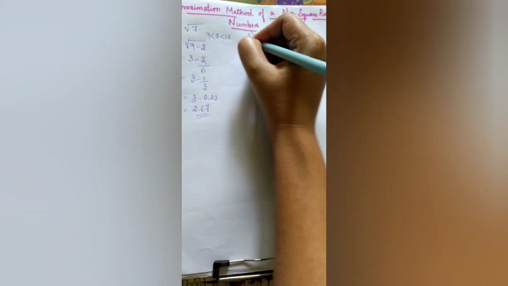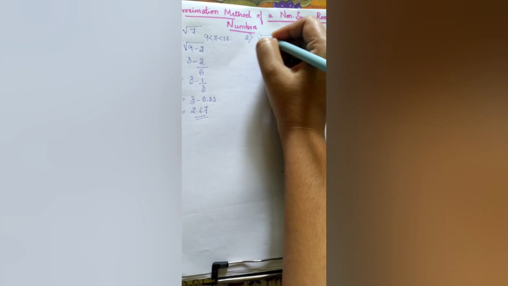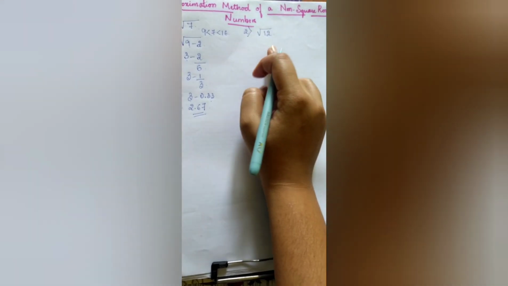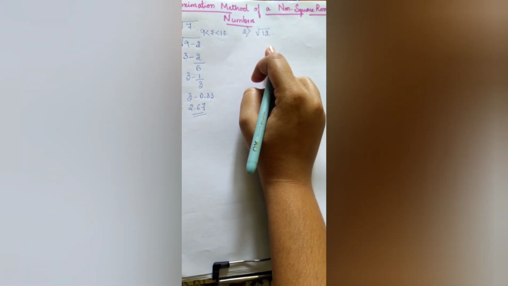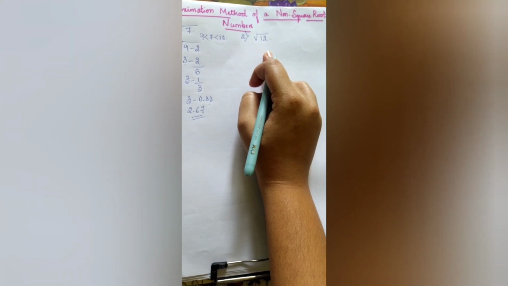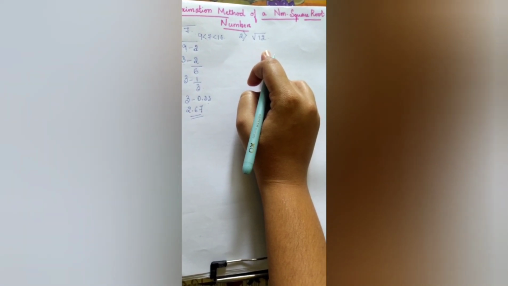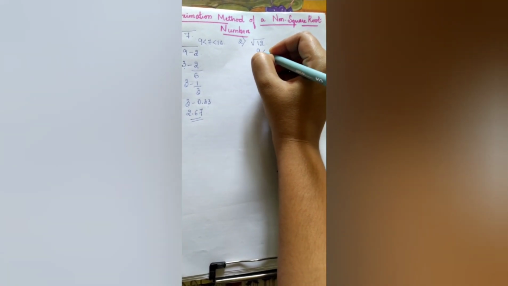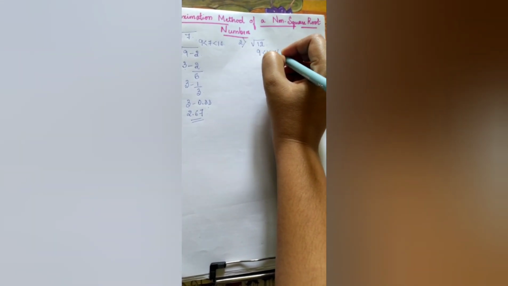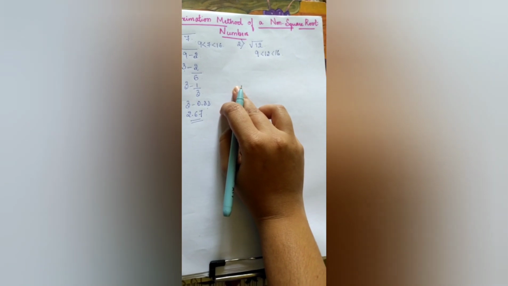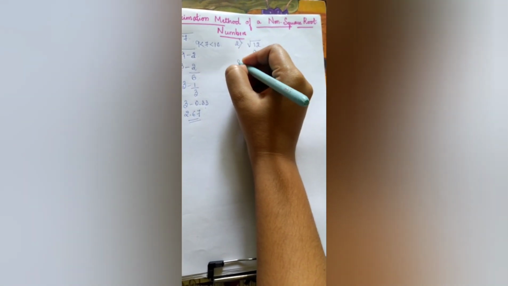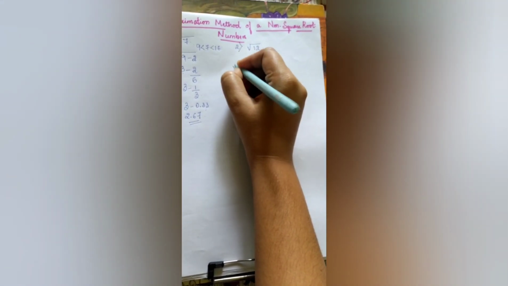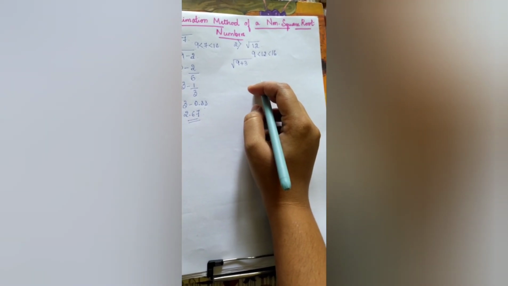Next number, root 12. So root 12 is also not a perfect square number. So it lies between 9 and 16. So 9 plus 3 becomes 12.